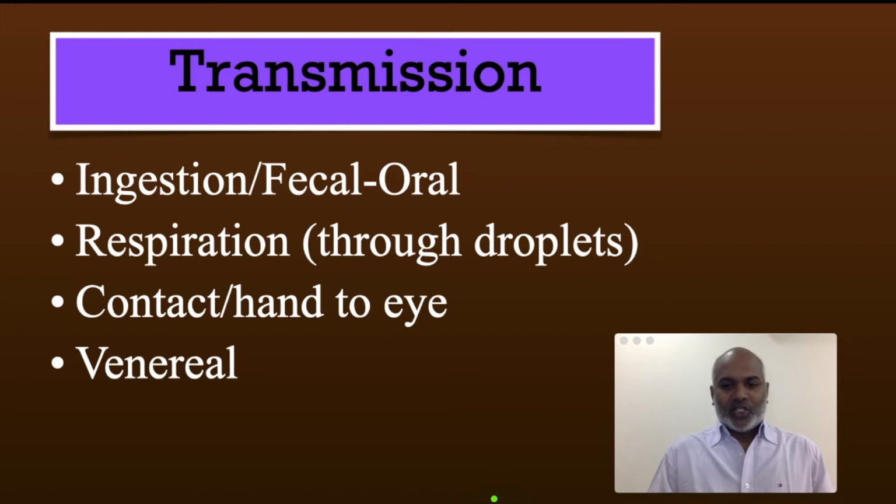What about the transmission? It can be transmitted through ingestion or the fecal-oral route. Sometimes it is also transmitted through droplet nuclei.